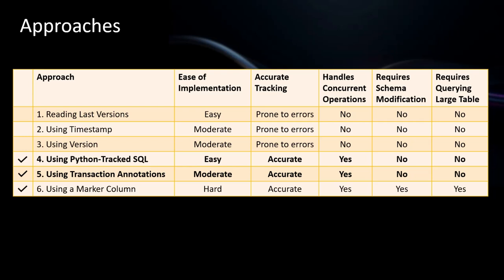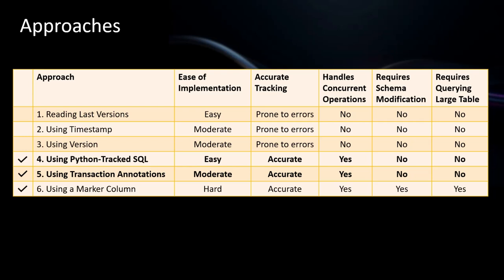This is the easiest way of extracting stats, and this works really well. I haven't seen any issues with this. This works really well with concurrent operations as well. This is the one I have used in all my latest projects. I basically recommend you try this out and see.